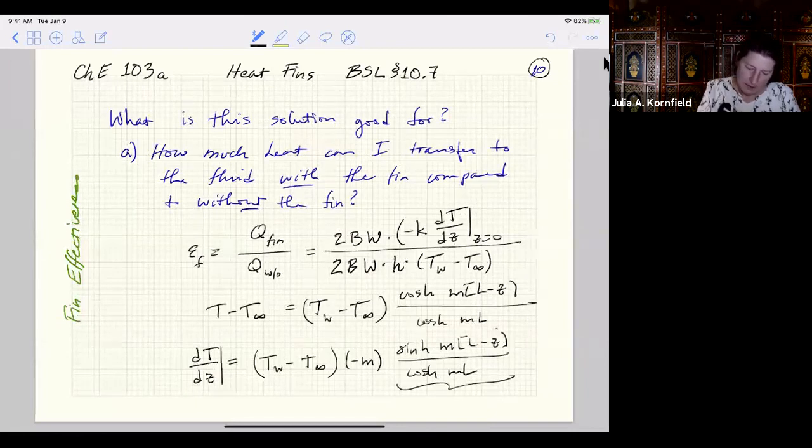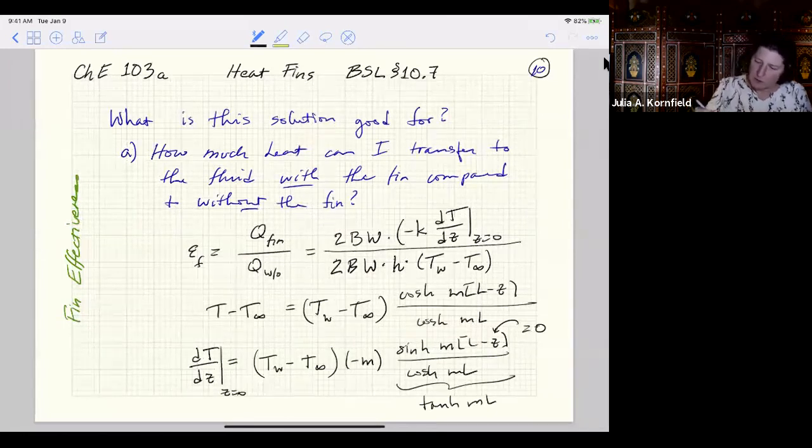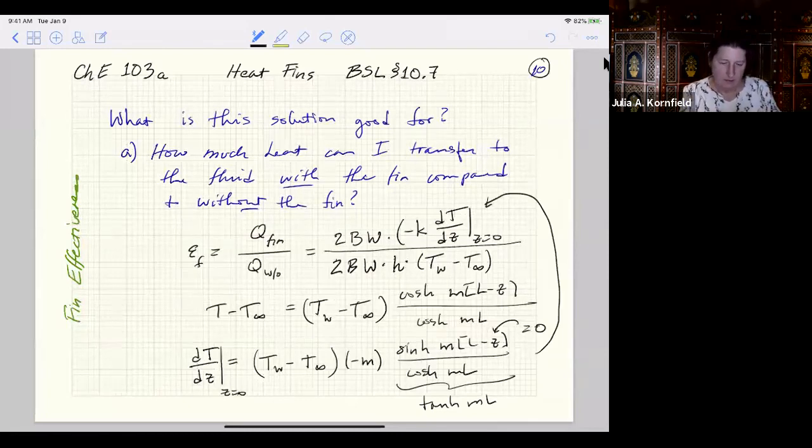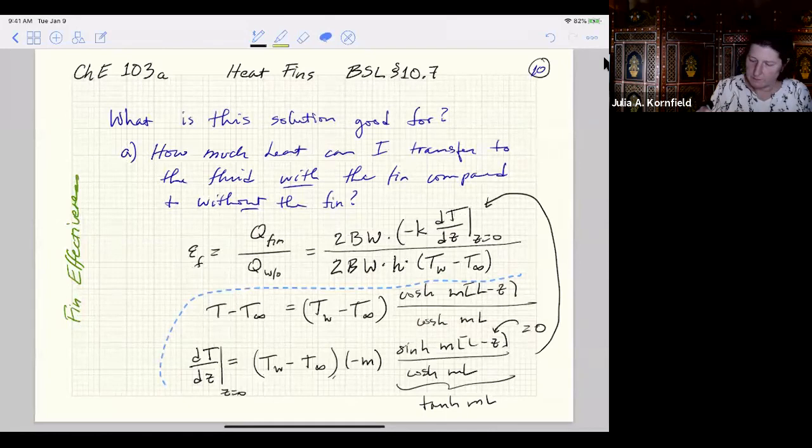We're going to evaluate this at z equals 0. If we evaluate this at z equals 0, we'll have tanh mL. We're going to substitute this in up here. The minus there is going to multiply this minus there, and we'll have plus k m (T wall minus T infinity) tanh mL.